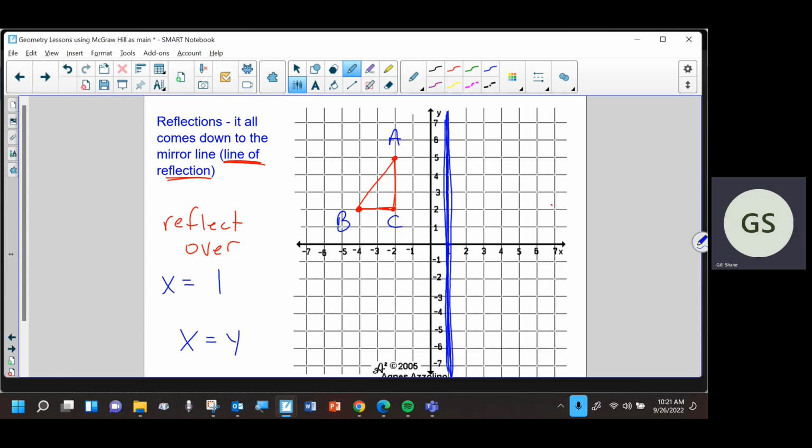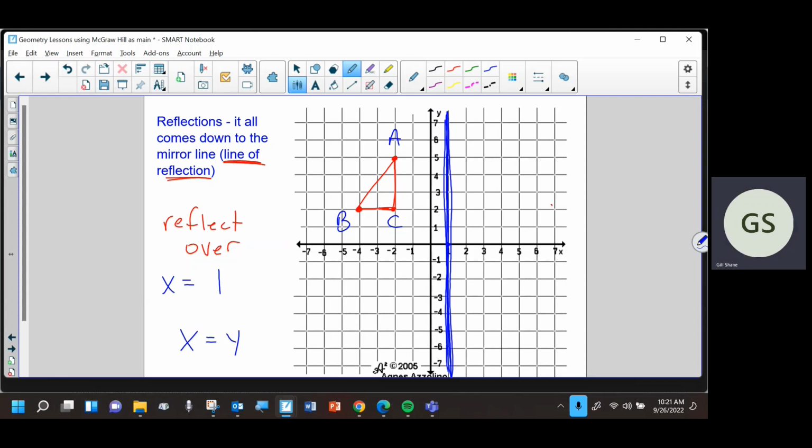Ignore the X and the Y-axis. Kids want to use them, because you're going to get more problems that deal with flipping it over the X and the Y-axis than any other kind of problem. But if they tell you it's over this, you've got to remember to ignore the X and the Y-axis. This is the only line you care about. That is the reflection line.